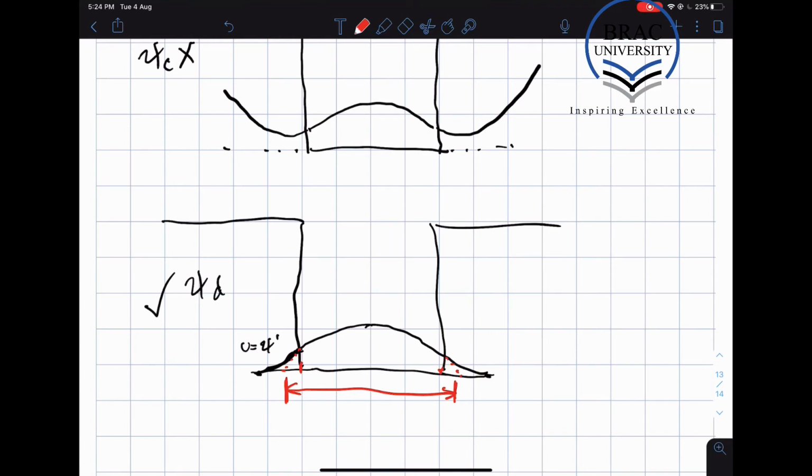And therefore, the ground state energy of a finite potential well of this width will have less energy than the ground state energy of an infinite potential well which has the same width.